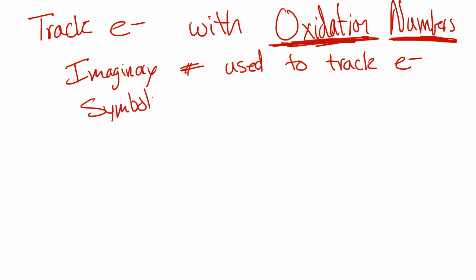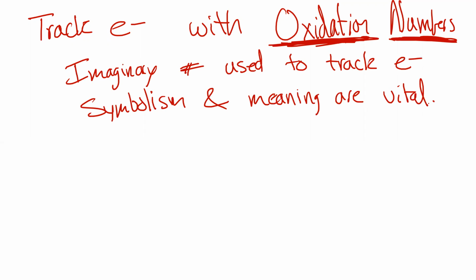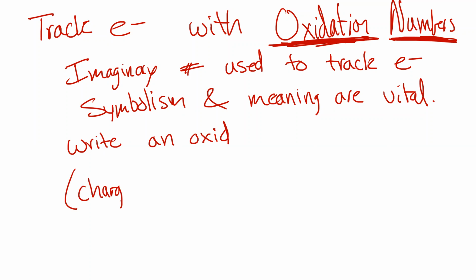Symbolism and meaning are vital, which is why I bother with this next section. How you write an oxidation number matters. It is going to be charge followed by quantity, also known as the number, the magnitude.